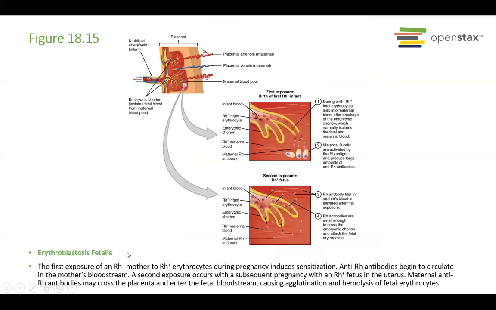Okay, erythroblastosis fetalis. That happens when a mother's immune system starts to attack the red blood cells of the baby. We mentioned in lab that a baby has lungs, but they're not working. The baby is not breathing through his lungs.